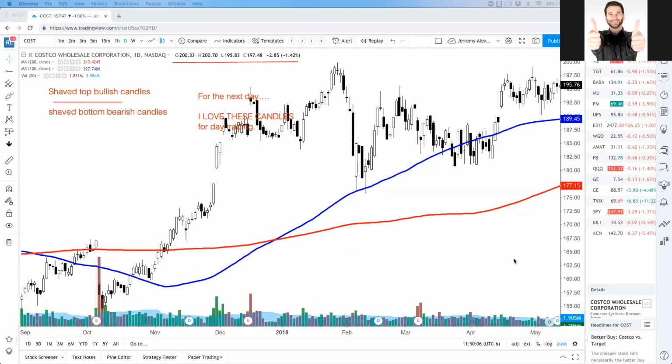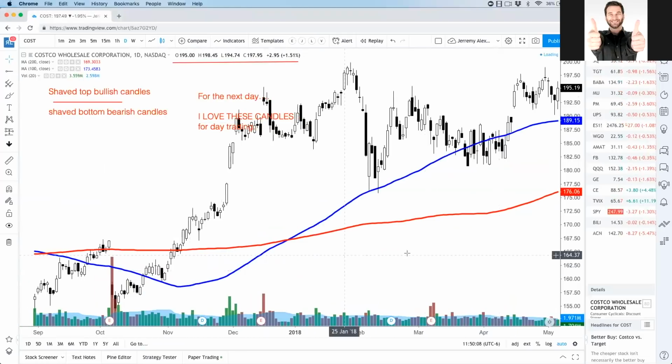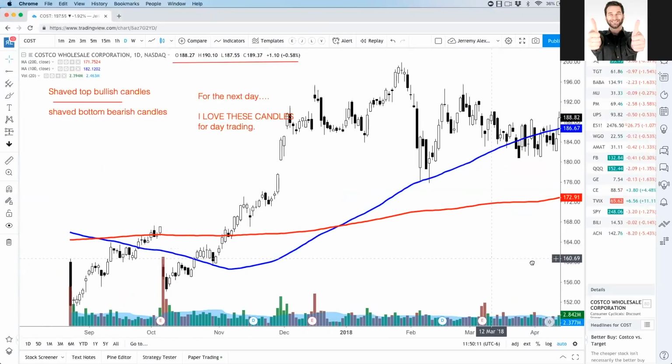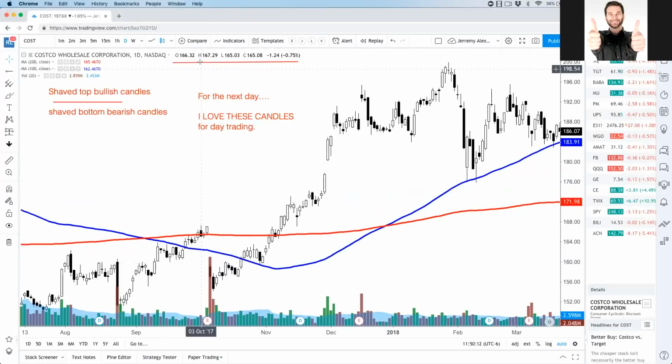Keep your eyes peeled on the close and the high, the H and the C. So if I hover over this candle, you'll notice the H and the C are almost identical. The H, which stands for high, is 171.38, and the close is 171.36.